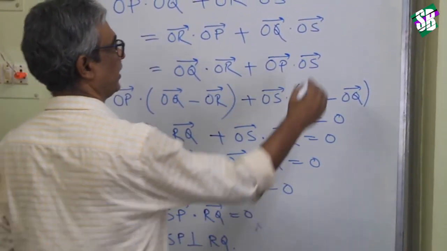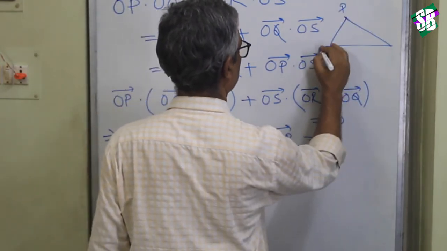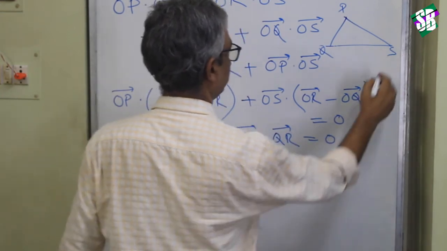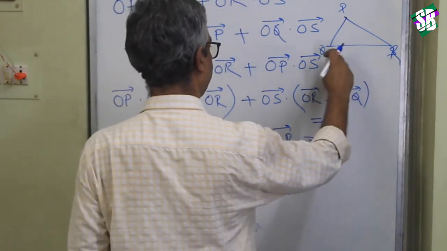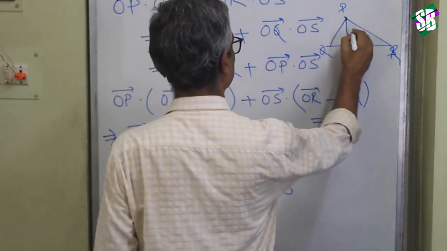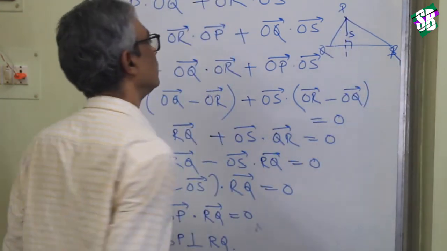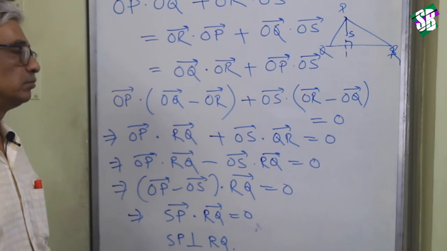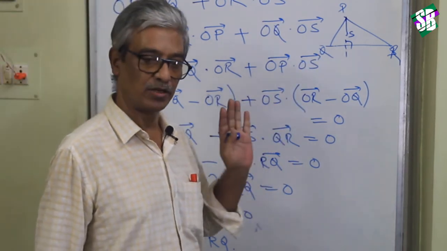So in the triangle PQR, this is RQ or QR and this is SP. So SP is perpendicular to QR. When does this happen? This happens when S is the orthocenter.